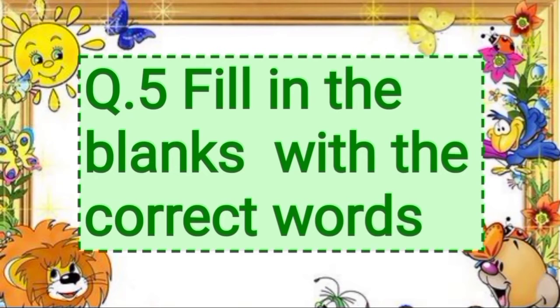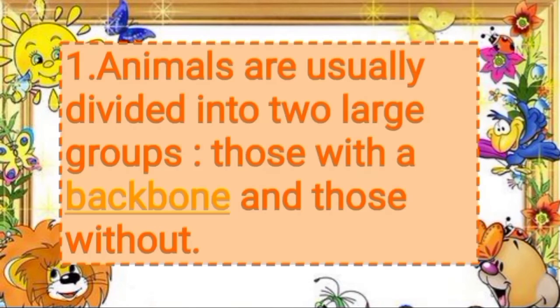Question 5. Fill in the blanks with the correct words. First, animals. Usually. Divided. Into. Two. Large.